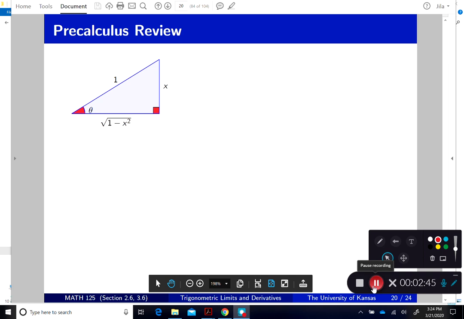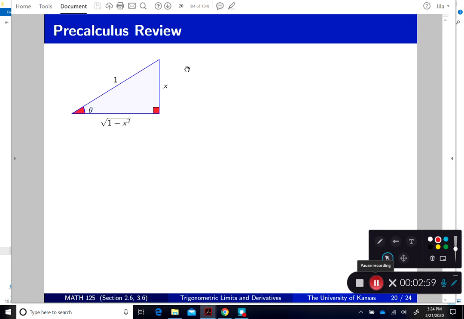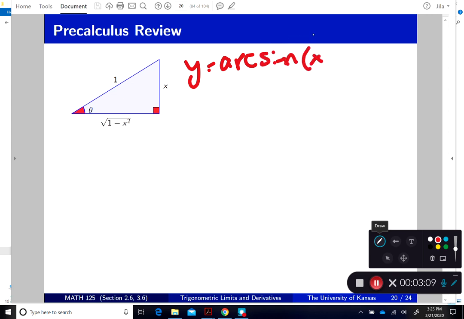A little bit more on the PreCalculus review of arcsine, arccosine, and arctan. When you're discussing y equal to arcsine of x, you're looking for an angle theta such that the sine of theta is x.